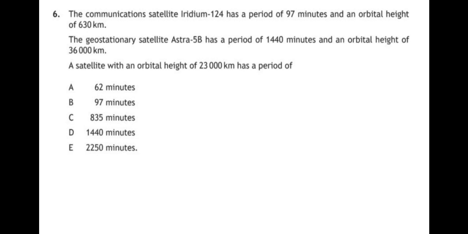Because its orbital height is in between those two satellites, its orbital period will be in between the period of those two satellites as well. Therefore, its period must be greater than 97 minutes, but less than 1,440 minutes. And the only answer in the list of options that satisfies that criteria is answer C, 835 minutes.